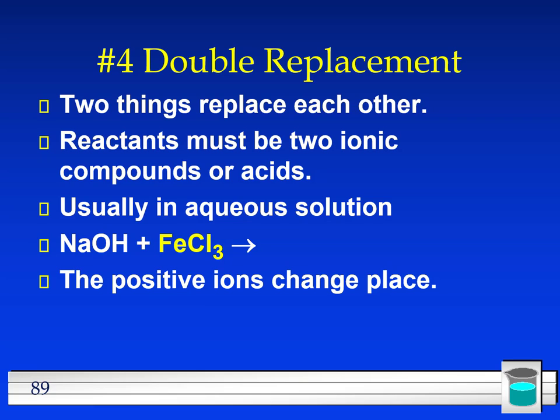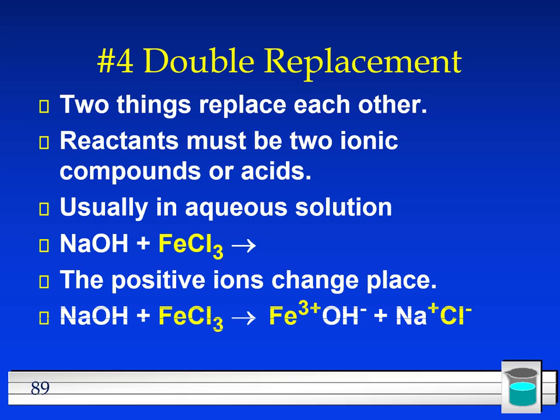So it used to be metals replace metals, now metals replace each other. So Na was next to OH, now it's next to Cl. And Fe was next to Cl, now it's next to OH. Notice I don't bring the subscripts with me. I figured those out on the other side.